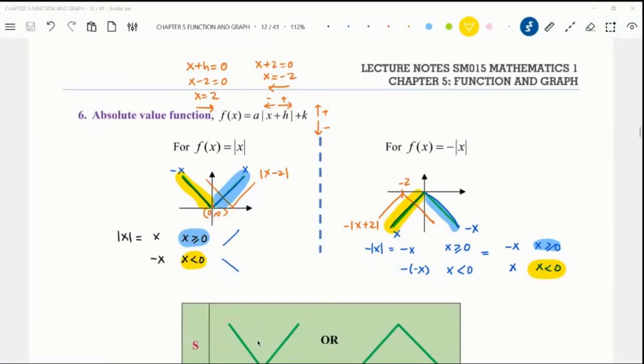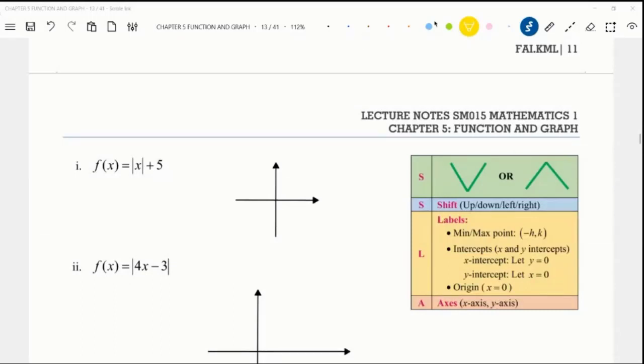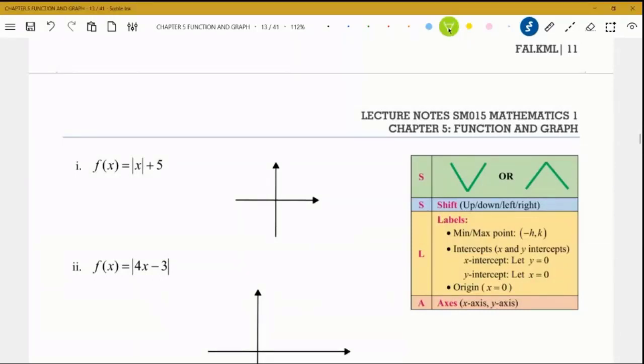Modulus x plus 5 dia adalah positive modulus x. So it's going to be V-shape ke atas. And then plus 5 di luar bermaksud dia akan shift up sebanyak 5. Okay, so yang ini basic shape dia depends pada yang ini.